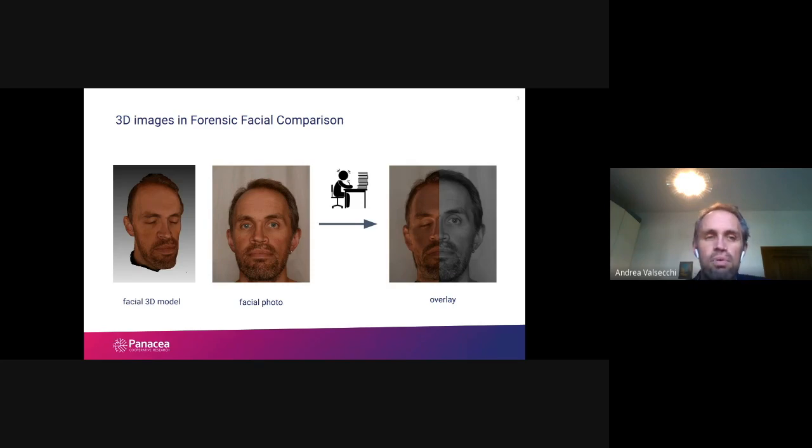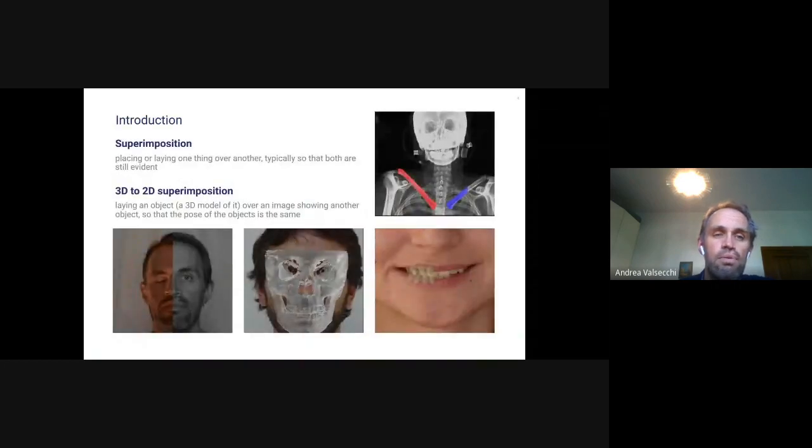Okay, so what we are looking at is a technique called superimposition that can be used in several tasks. Here we can see 4 examples. We already talked about facial comparison, which is when we are comparing two pictures of a face. Then we have craniofacial superimposition, which is when you are comparing a skull that has been recovered with a face in an ante-mortem picture of a candidate.